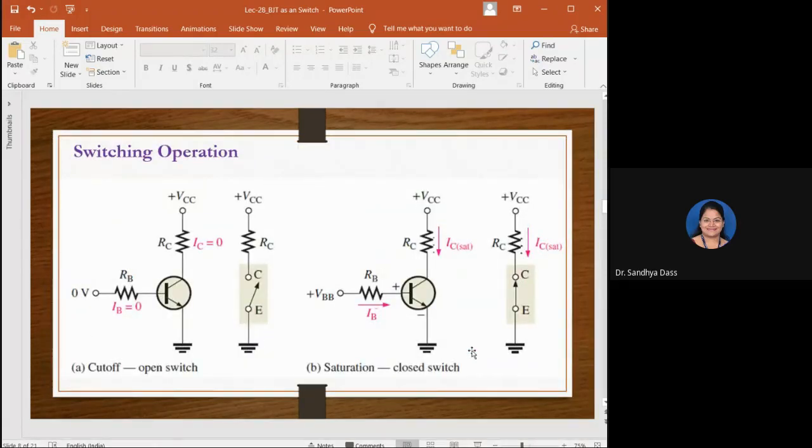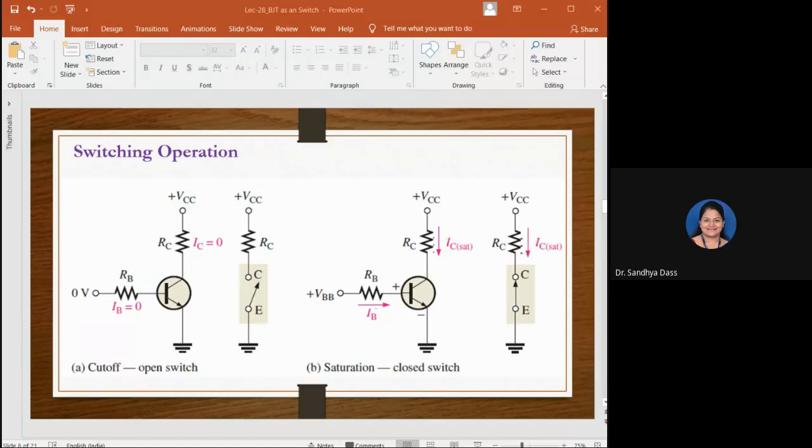Now, coming to the switching operation of the BJT, as I said, using these two regions, the cutoff region and the saturation region, we can use the BJT to function as a switch. That is indicated here.